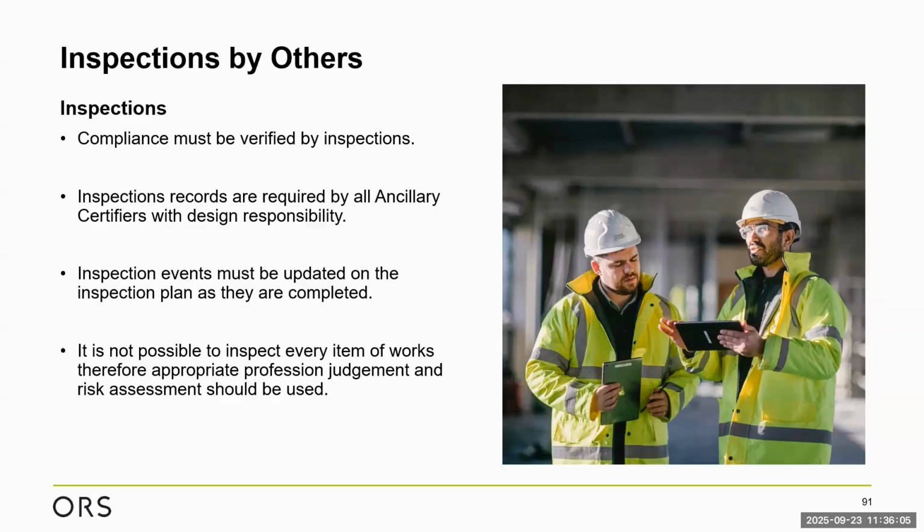What's the likelihood? What's the severity? And what's the ease of inspection? They should all feed in, and to each line item within the inspection plan we should be assigning a risk. That then should inform us of the level of inspection that we need to complete as we go through the construction period.